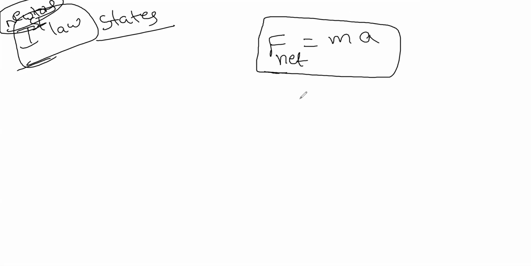The body is in motion, or stays at rest, until an external force is applied to it. That means if F net is 0, then the acceleration of the body is 0.